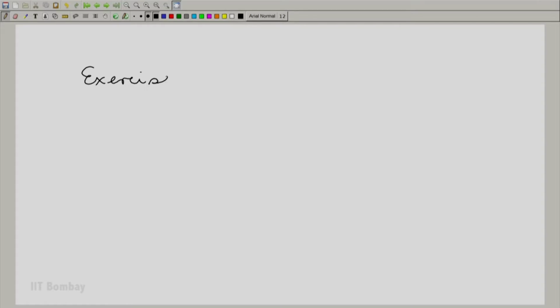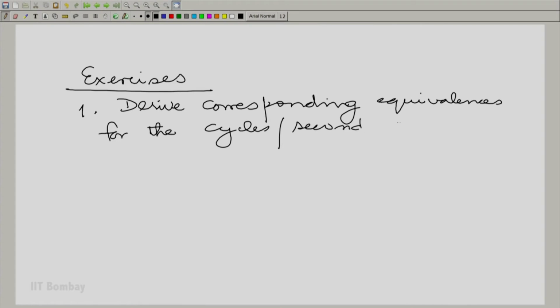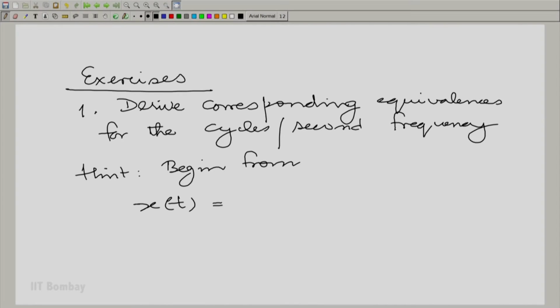In fact, now I am going to give you, as I said, two exercises to do. Let me write down these two exercises. Exercise 1 is derive corresponding properties for these cycles per second frequency, and the hint is begin from the equation x(t) is of course the inverse Fourier transform, but written in terms of the cycles per second frequency.